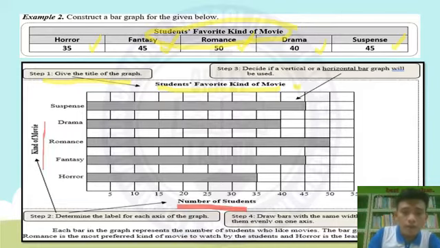For horror, a total of 35 students like horror. So 35 students is found here. Fantasy, 45 students like fantasy. So 45 is found here on the scale.